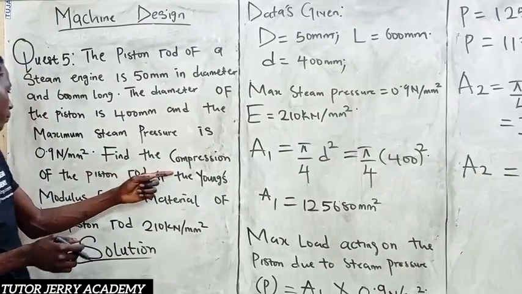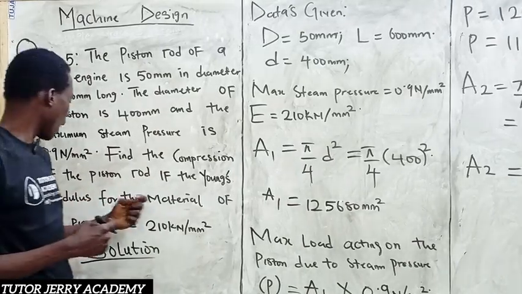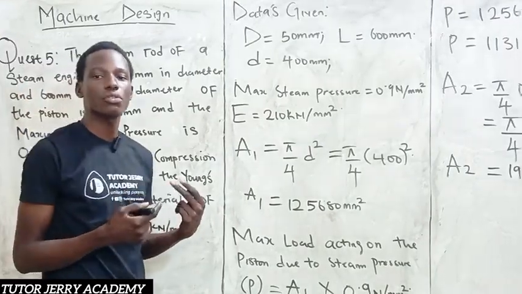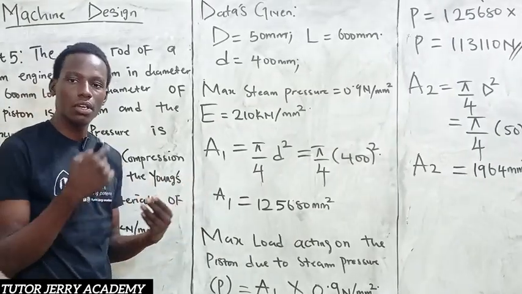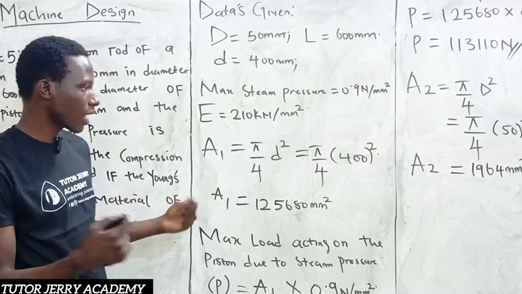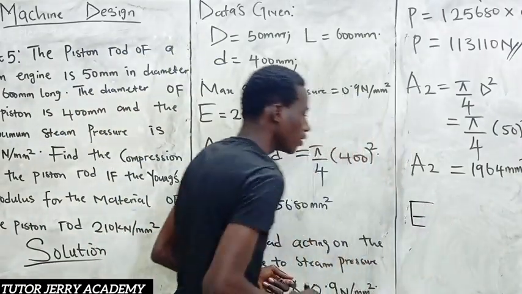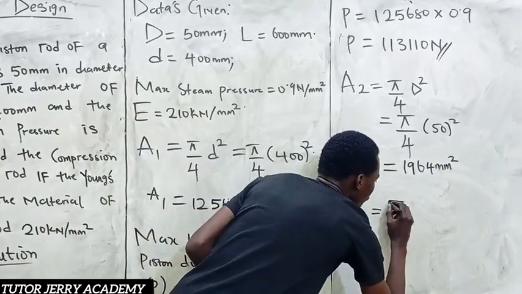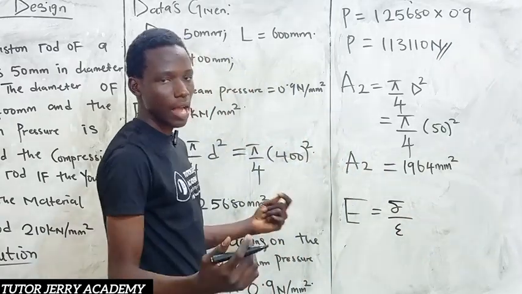We are told to find the compression of the piston rod. Now, if you recall from our formula of Young modulus, Young modulus is equal to stress all over strain, where stress is load all over area, and strain is change in length all over original length. So our Young modulus E is equal to sigma all over epsilon, our strain.